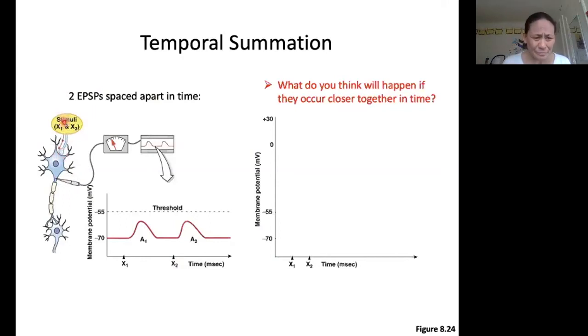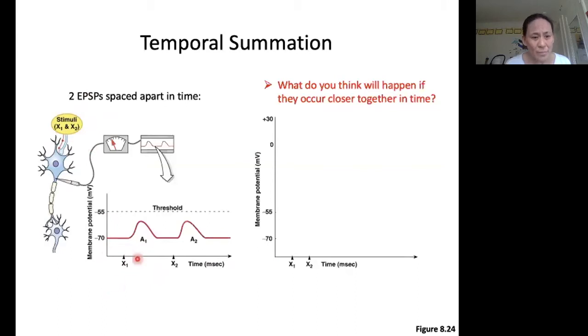Okay, so imagine that you have two action potentials coming in from the presynaptic cell, and they're spaced a little bit far apart in time. That's what's shown here on these axes, right? So these little carrots or arrowheads, whatever you want to call them, these are when the presynaptic cell is having its action potentials, right?